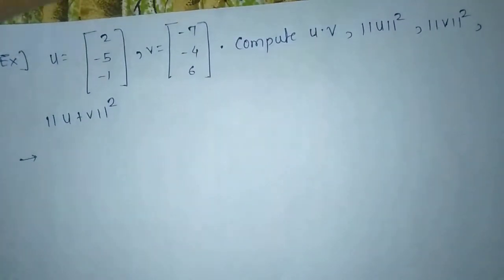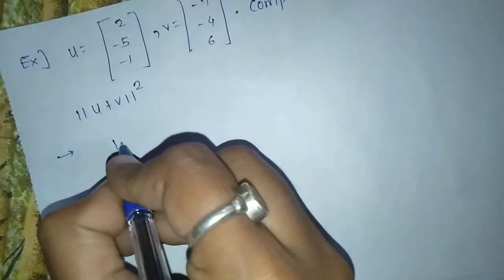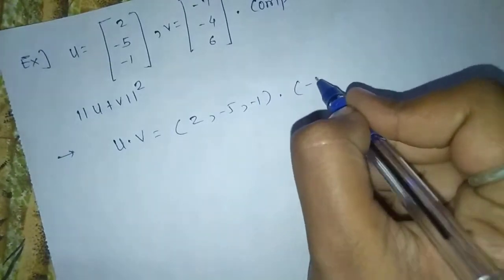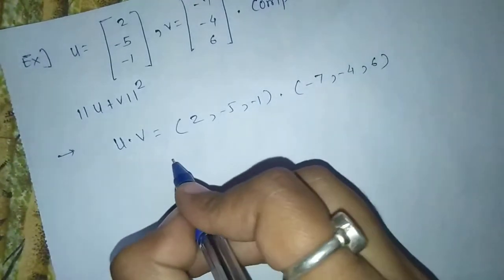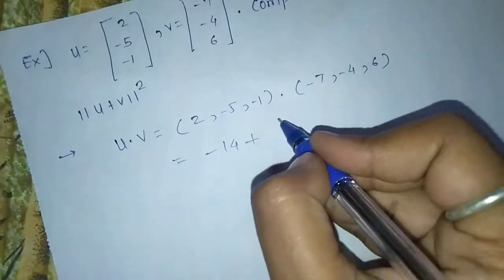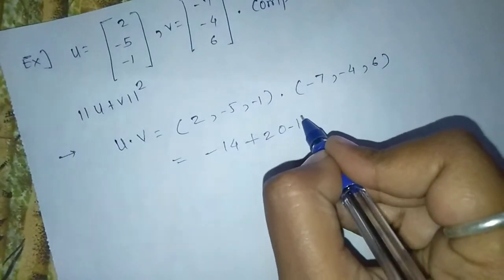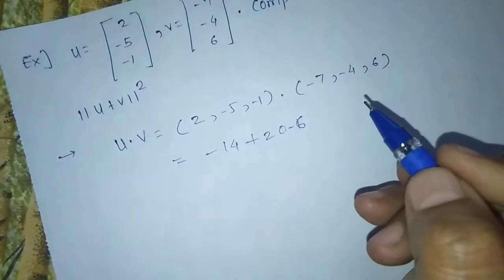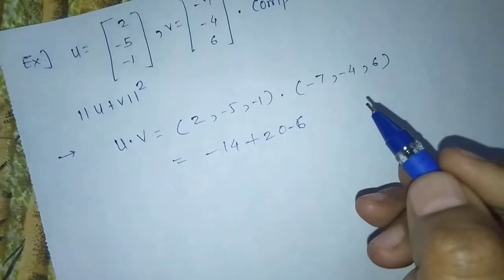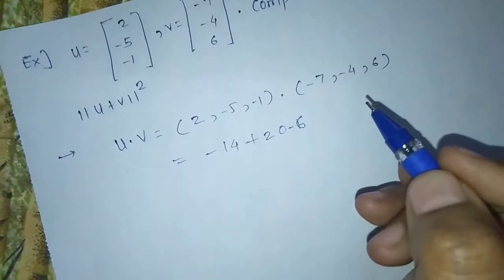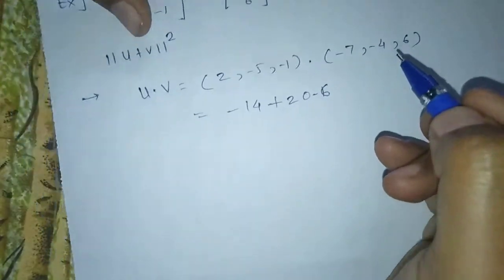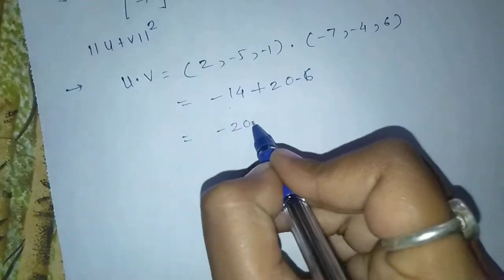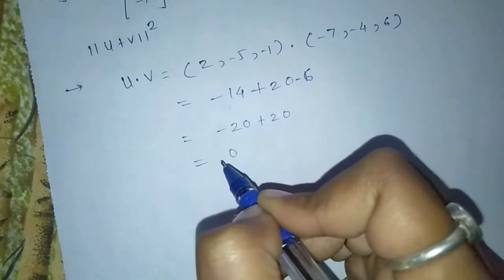Now this is easy for you. u dot v means 2 into -7, which is -14, plus 20, minus 6. So the answer is -14 minus 6, which is -20, plus 20, equal to 0.